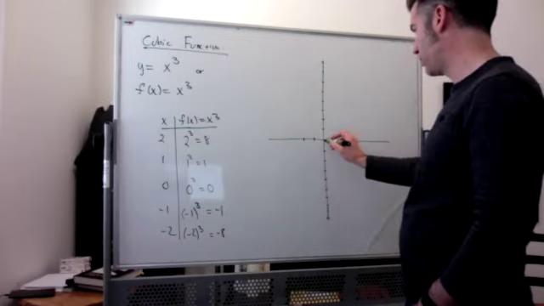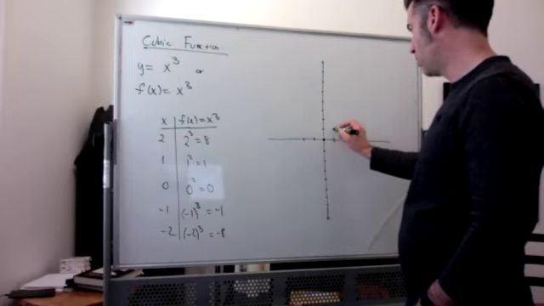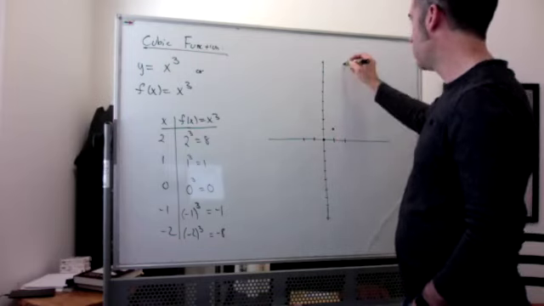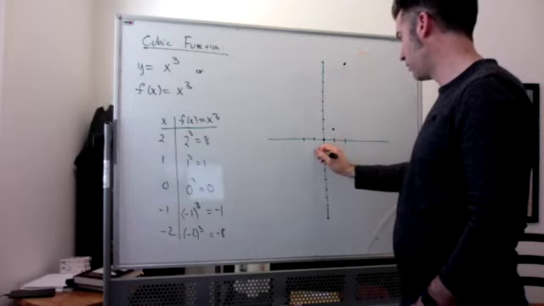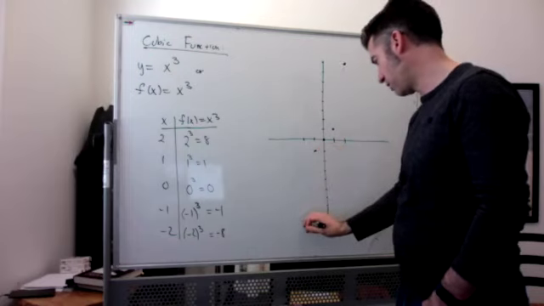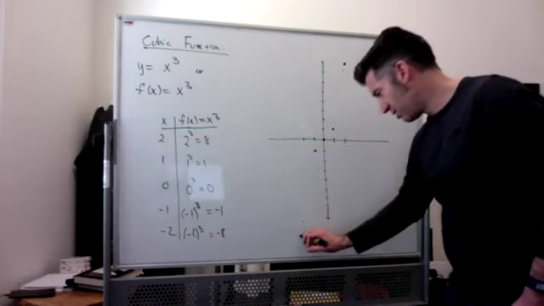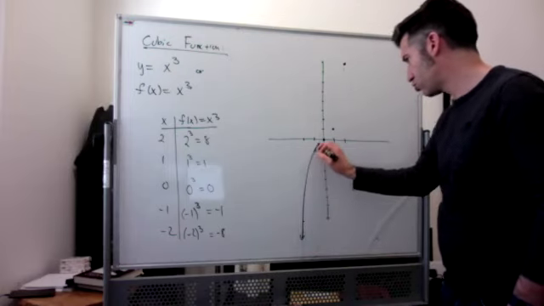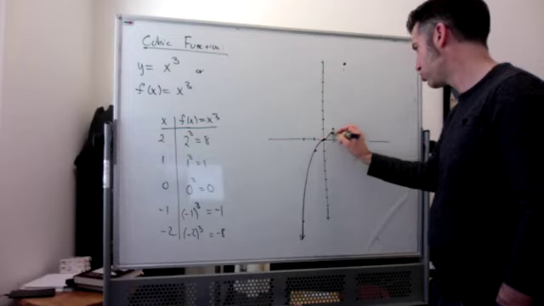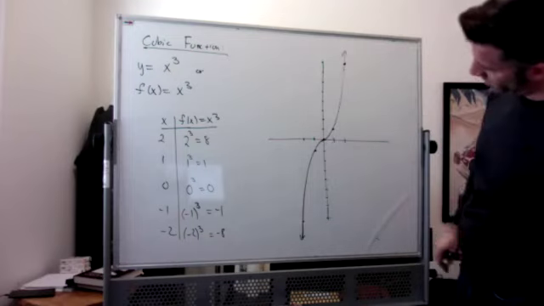So I've got the points (0, 0), (1, 1), (2, 8), and then (negative 1, negative 1), and then (negative 2, negative 8). It's going to look kind of like this. Gotta make noise when you graph it. Kind of like that. That's all right.